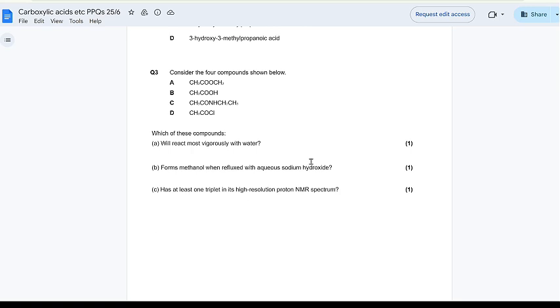Question 3A there should be D. Okay. Question 3B here, which forms methanol when refluxed with aqueous sodium hydroxide. I believe that is going to be one of A or B. Wait, does that make sense? Yes.